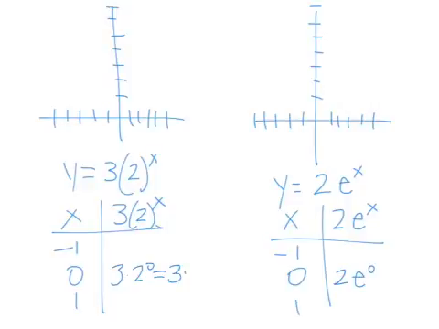So this is really 3 times 1 and 2 times 1. So we know that our first point on both of these problems is going to be the point 0 and then the number given. So in this case we've got (0, 3), and here we have (0, 2).